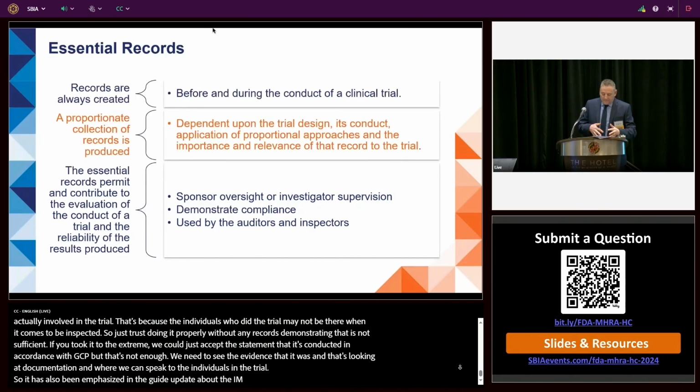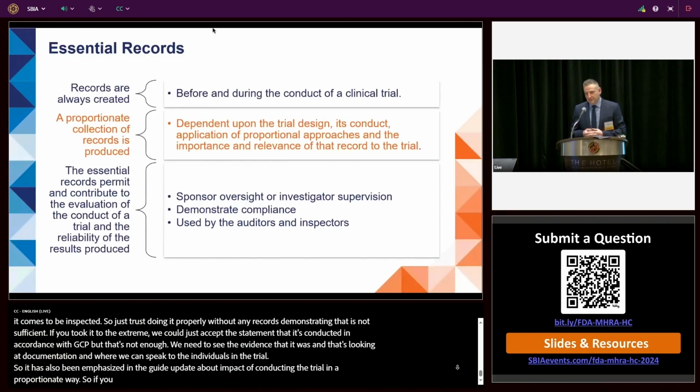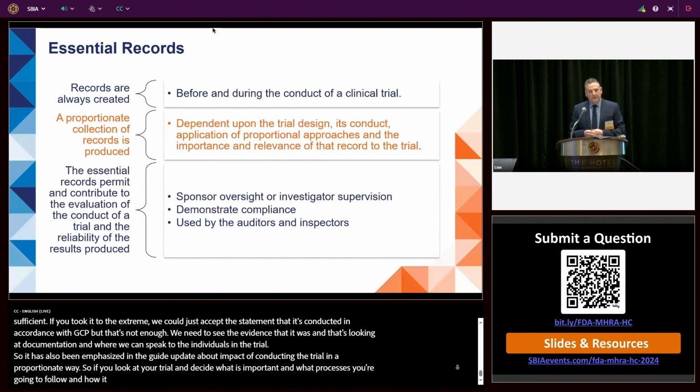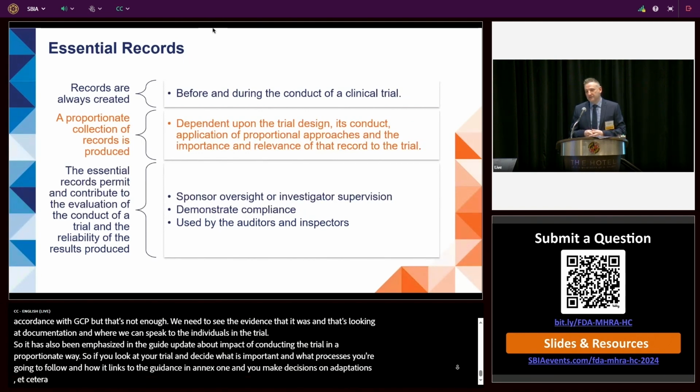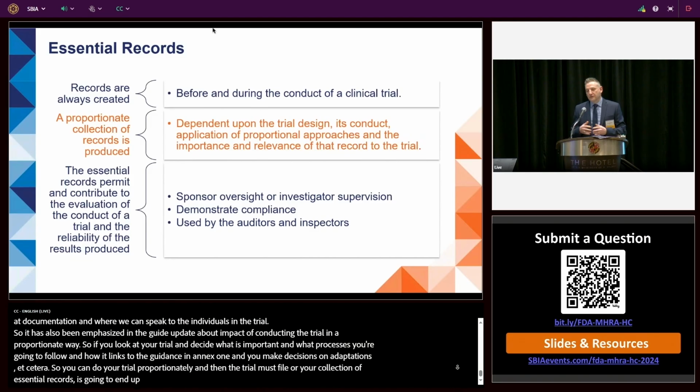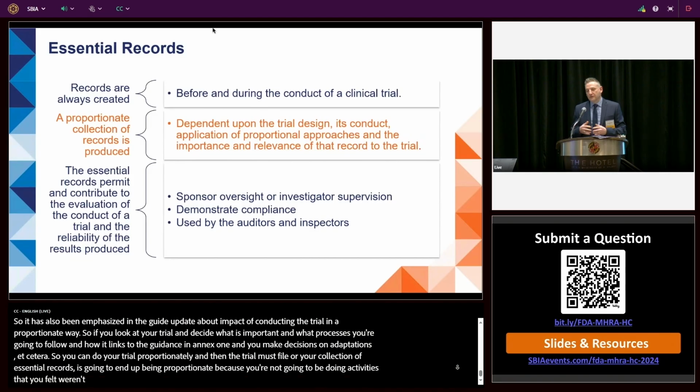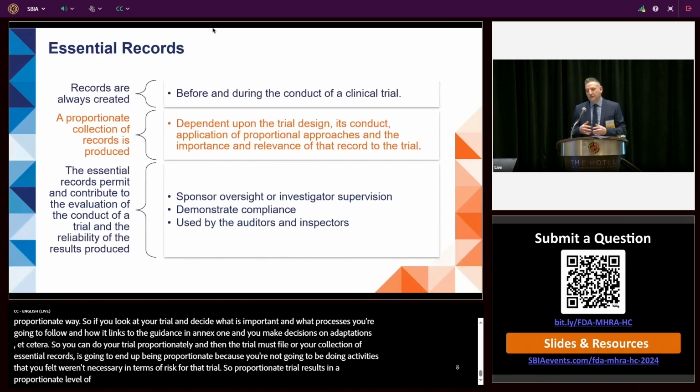So if you look at your trial and decide what's important and what processes you're going to follow and how that links to the guidance in Annex 1, and you make decisions on adaptations, etc. So you do your trial proportionately, then the trial master file or your collection of essential records is going to end up being proportionate, because you're not going to be doing activities that you felt weren't necessary in terms of risk for that trial. So a proportionate trial results in a proportionate level of documentation.